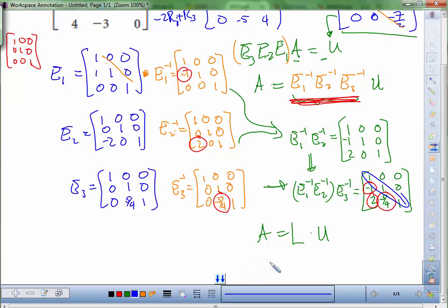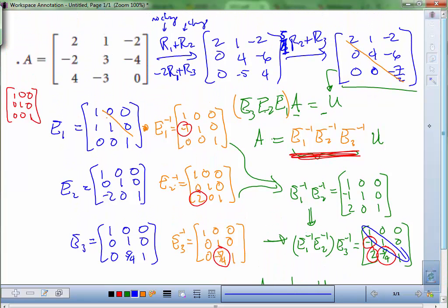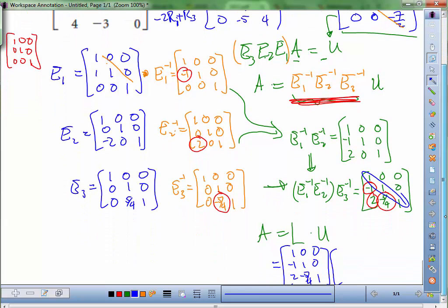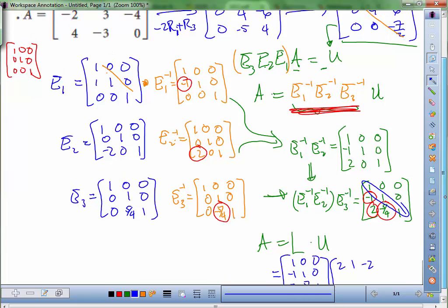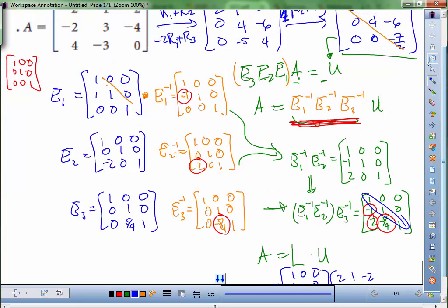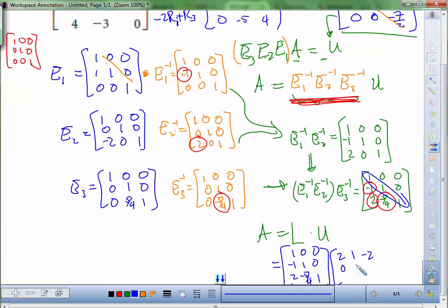In any case, this is what I wanted to say. We get 1, 0, 0, -1, 1, 0, 2, -5/4, 1, times the upper triangular that we got in the beginning, 2, 1, -2, 0, 4, -6, and 0, 0, -7/2.